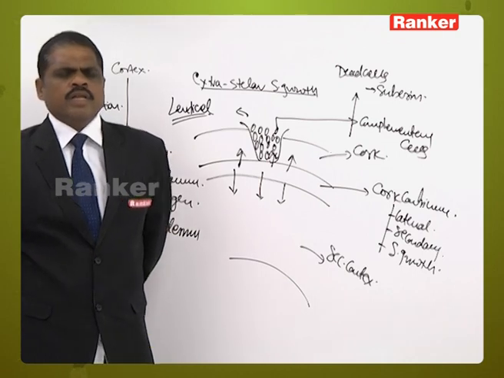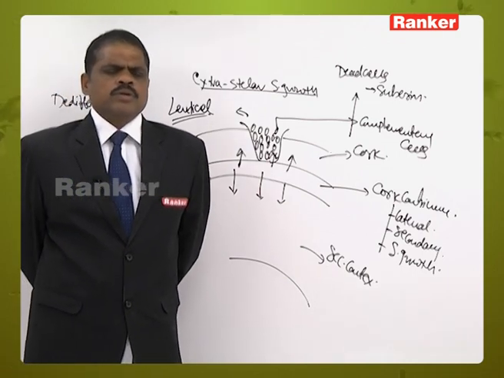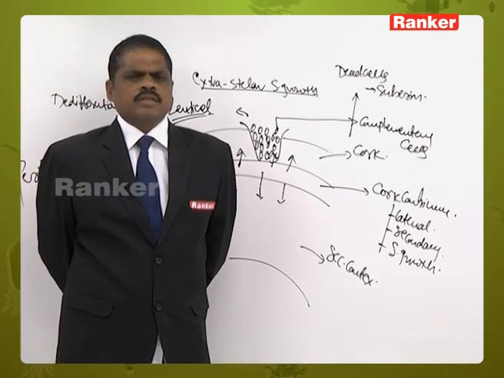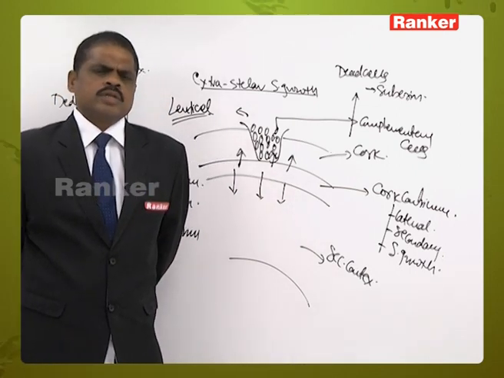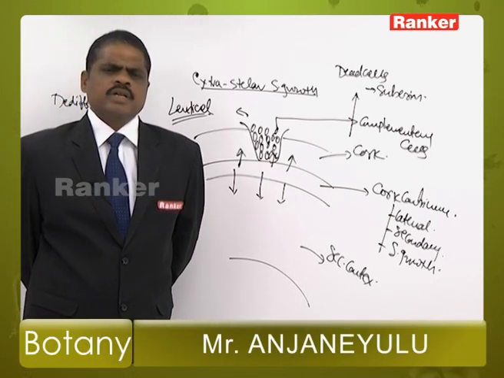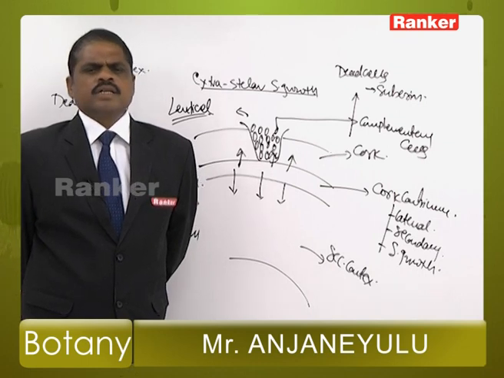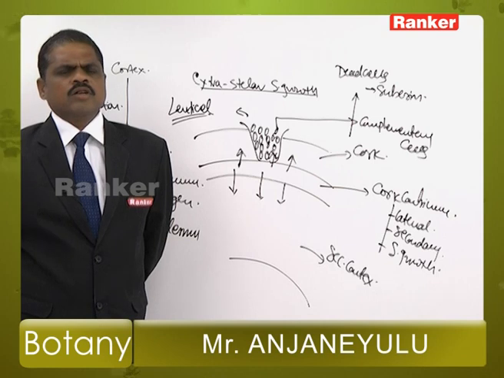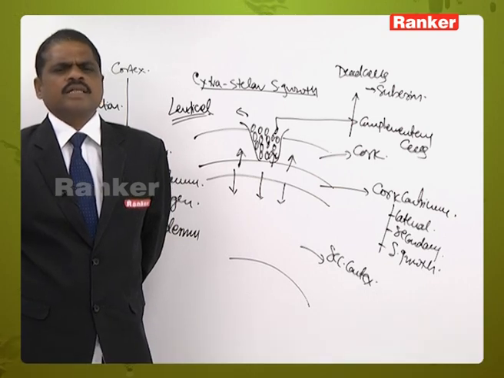In the primary body, all of you know, stomata are present for exchange of gases. Stomata also promote transpiration. But now in the secondary body there is no epidermis, so no stomata. But what about exchange of gases?